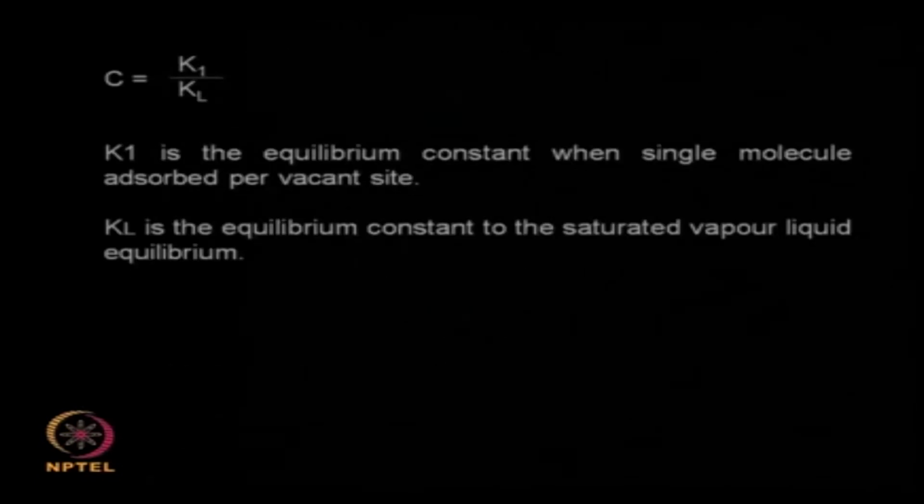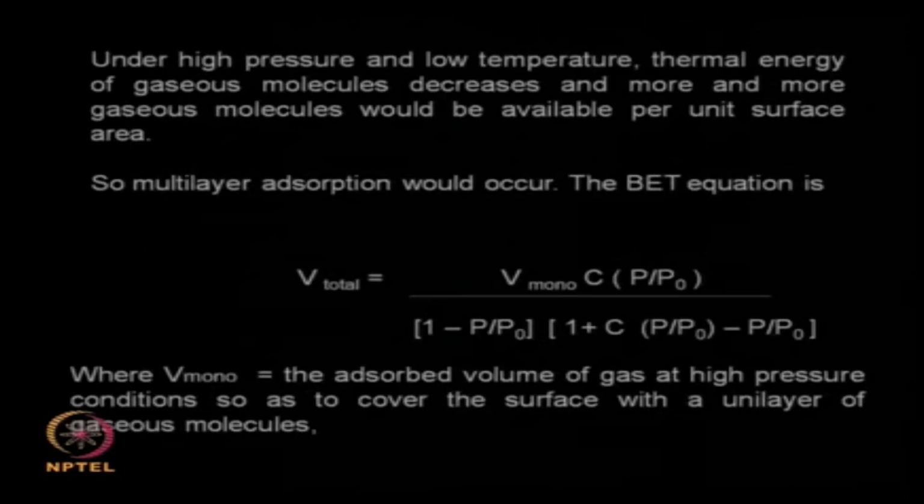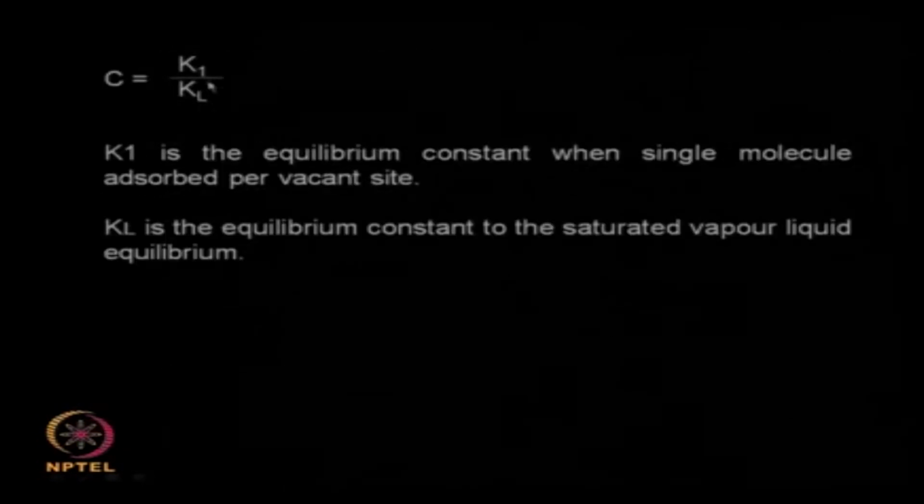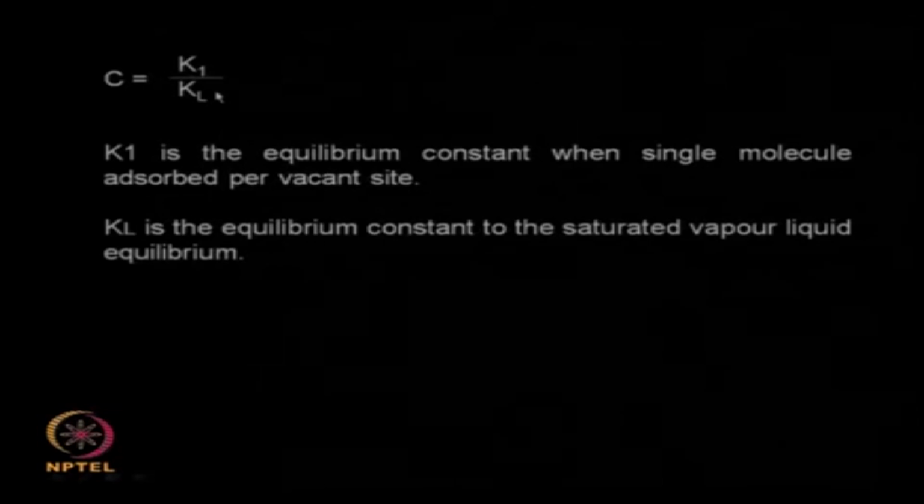Okay. Here you have a new constant called C. Now C is a function of two terms, which is K1 divided by KL, okay, and K1 is the equilibrium constant when single molecule adsorbed per vacant site, and KL is the equilibrium constant for the saturated vapor liquid equilibrium. Okay.